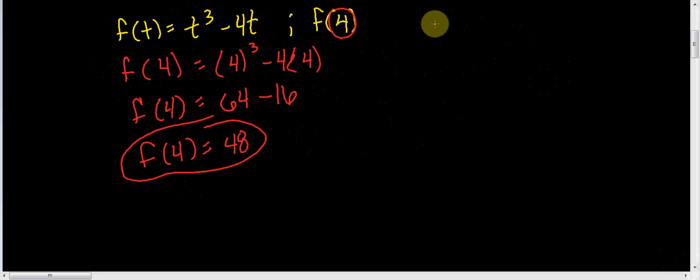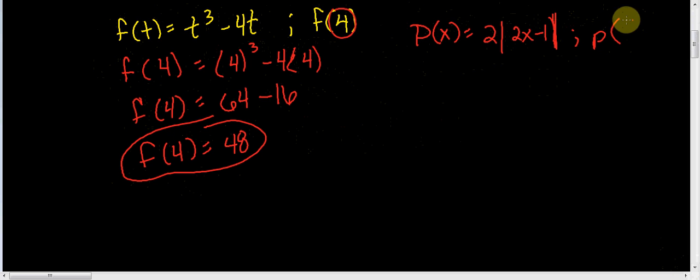Let's say that we have the function p of x is equal to 2 times the absolute value of 2x minus 1. Whoops. Make that absolute value there. And we want to figure out what p of negative 8 is, or evaluate this function at negative 8.